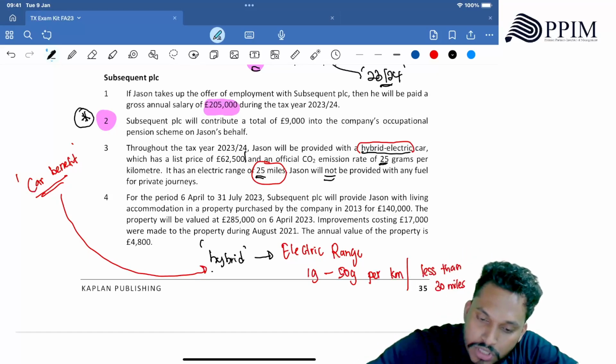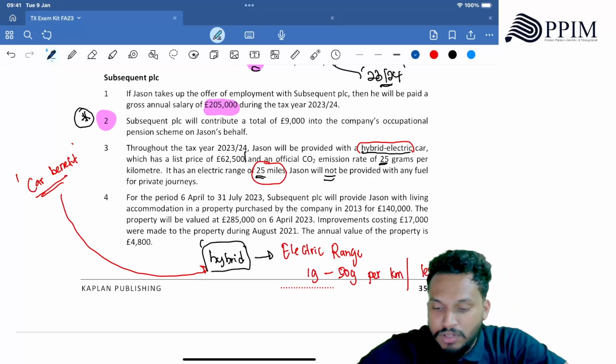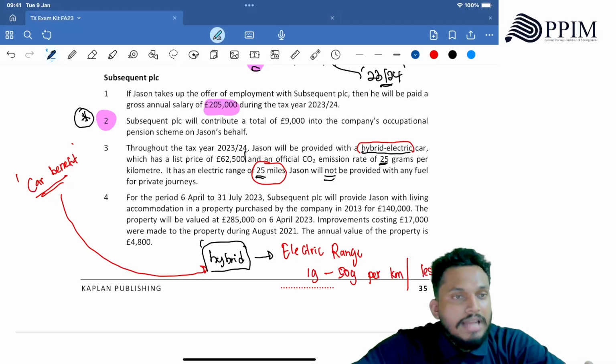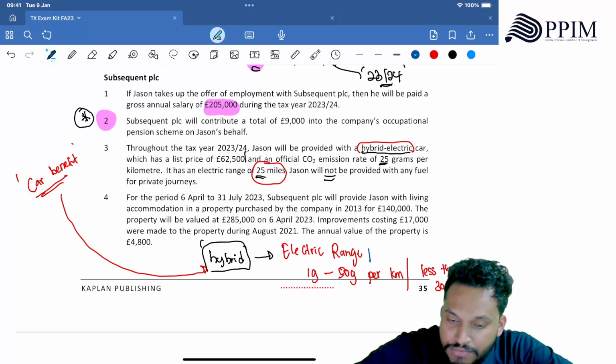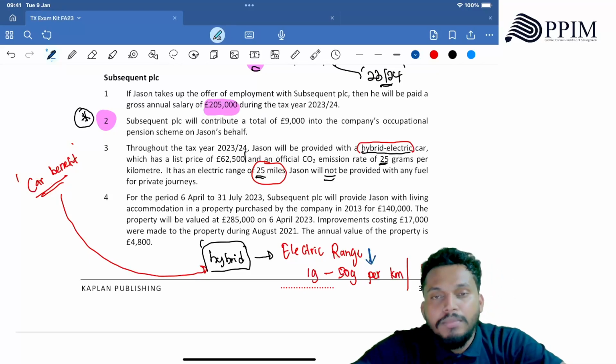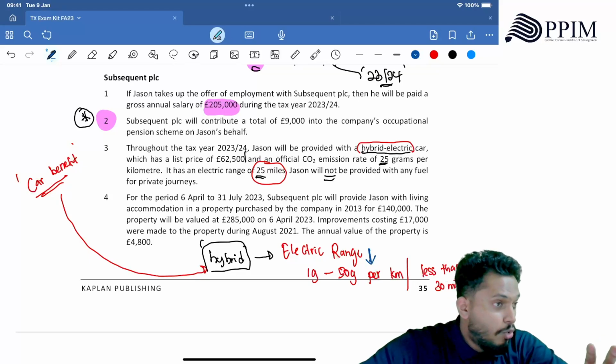Since you are choosing a hybrid vehicle, the income to be taxed from the 62,500 is decided by whether you are emitting between 1 gram and 50 grams per kilometer.